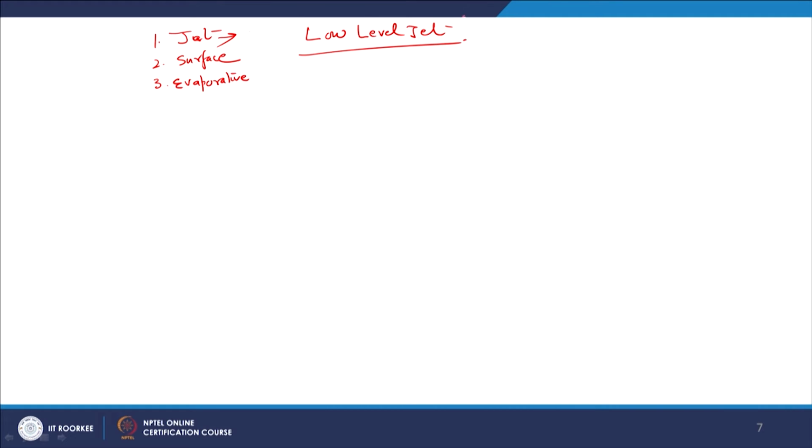In low level jet condenser there is a column, and at the bottom there is a condensate pump which puts the condensate into the hot well, right.